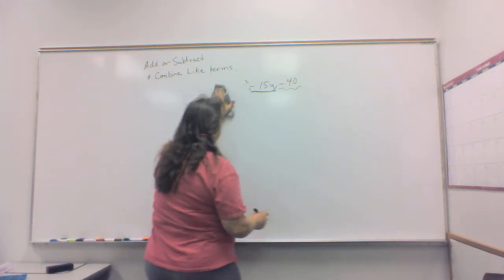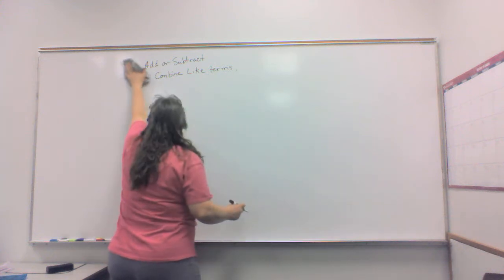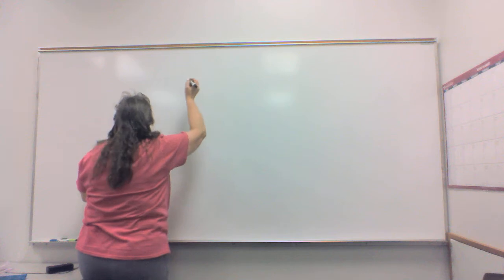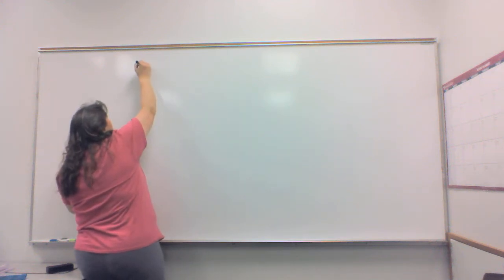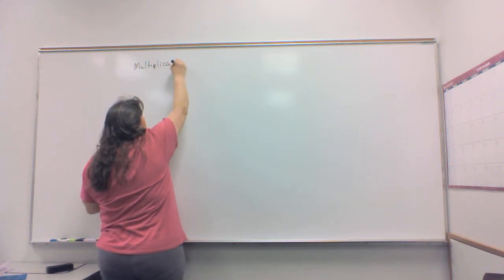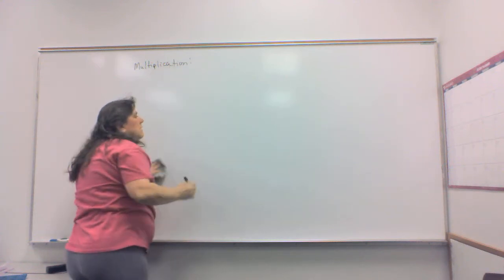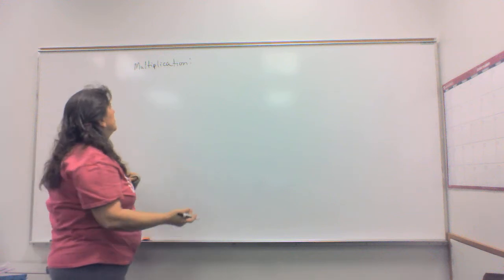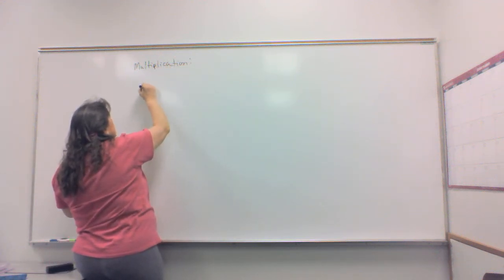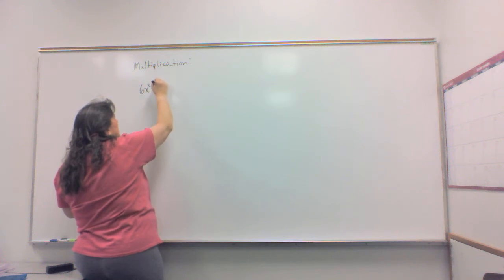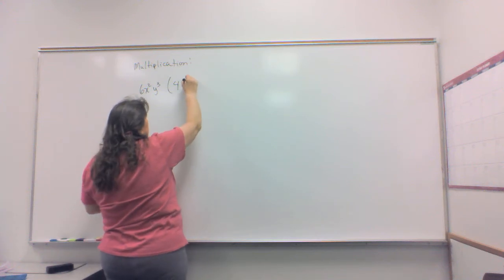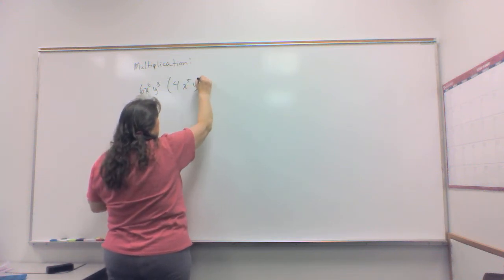We're not going to do the division today. We're just going to look at multiplication. So multiplication of monomials. And you will see it's exactly what we just did using our power rules, our exponent rules. So, 6x squared y cubed times 4x to the 5th, y to the 2nd.